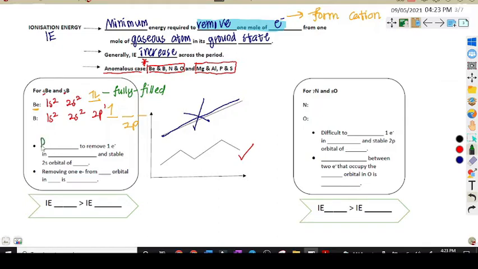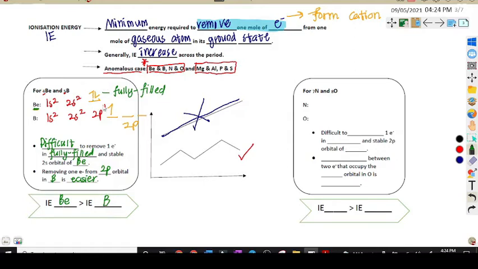Hence, it would be difficult to remove 1 electron from the fully filled and stable 2s orbital of beryllium. Removing 1 electron from the 2p orbital in boron is easier.